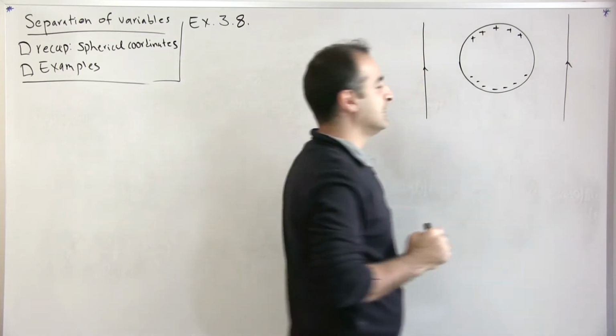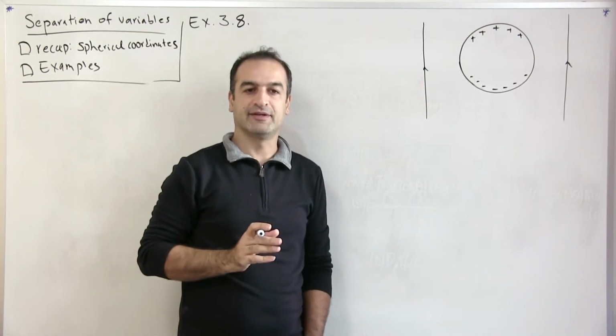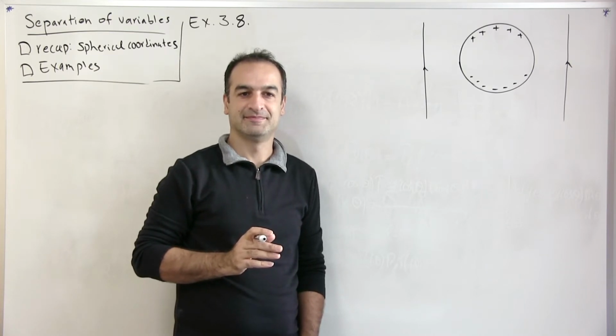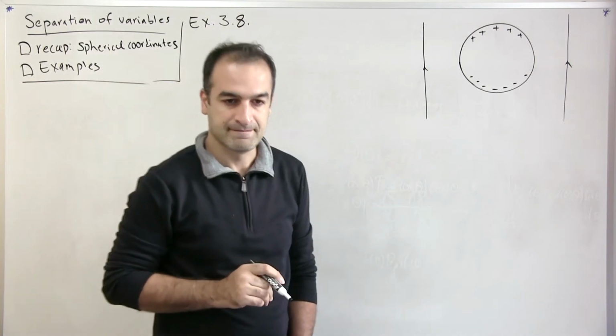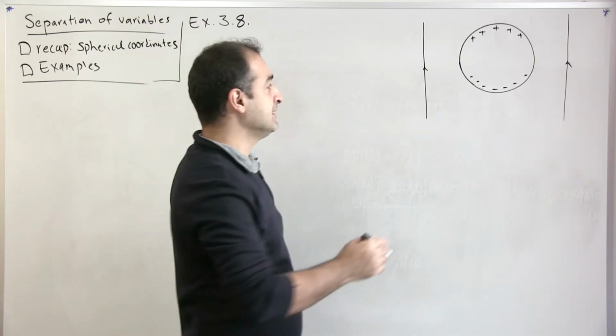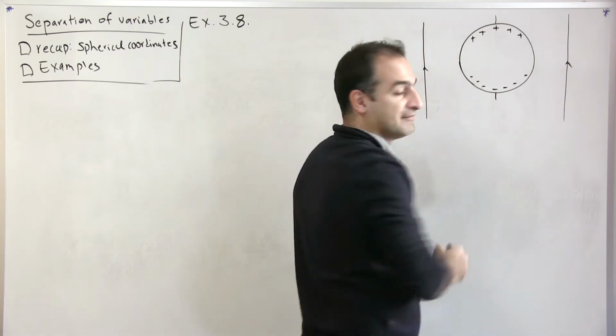Okay. And now, how do the field lines look here? It's going to be always perpendicular to the surface of the sphere, right?